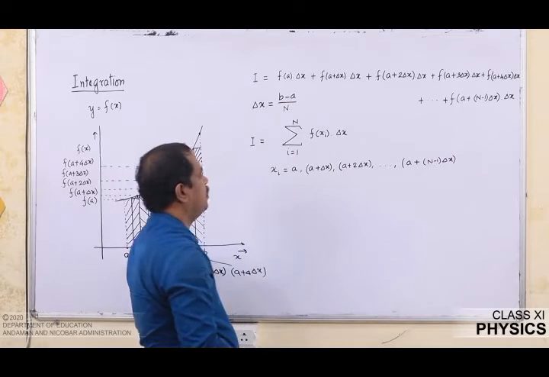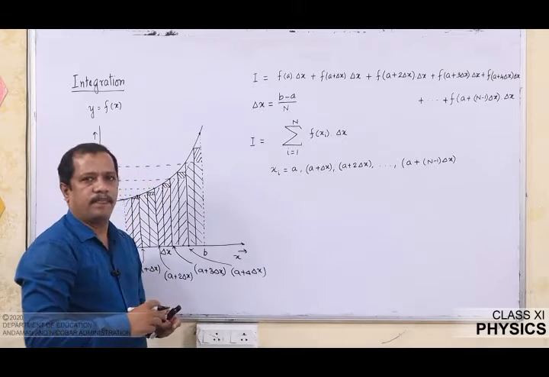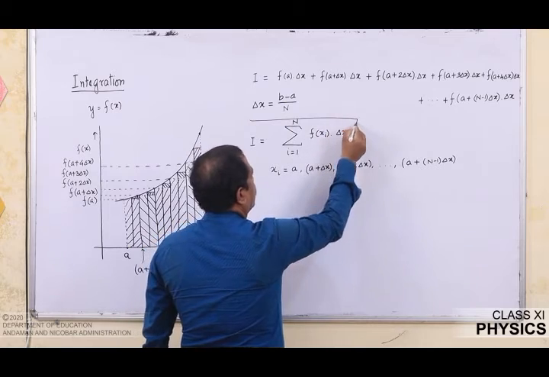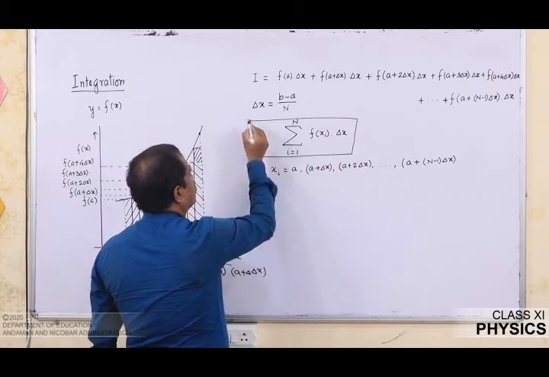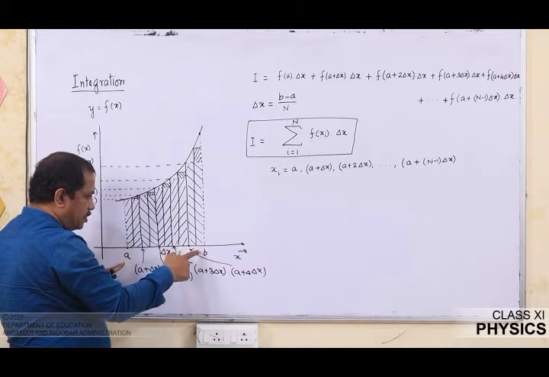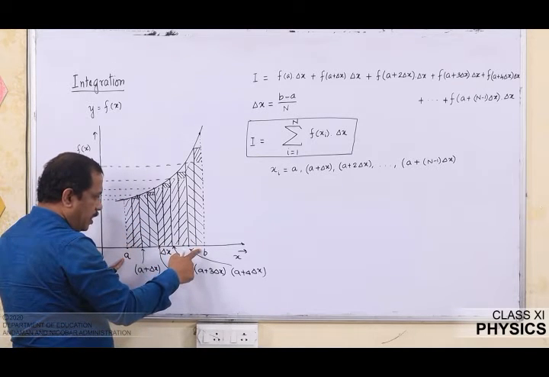So, this is the value of a. Now, if we look at this carefully, we say this is the area under this curve between the limits a and b.